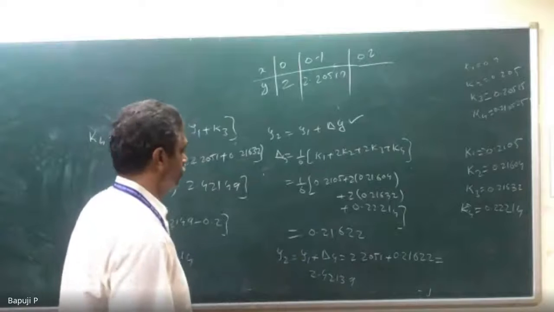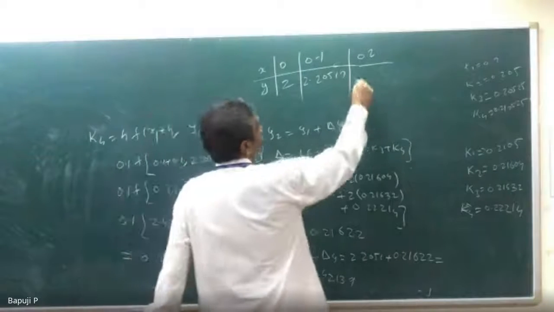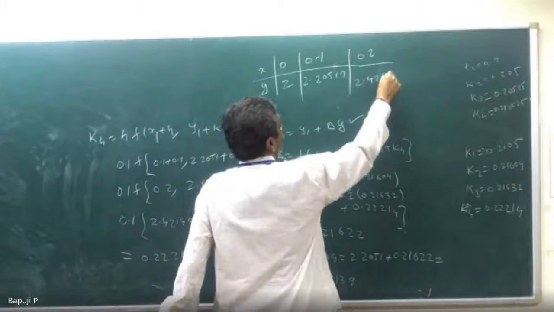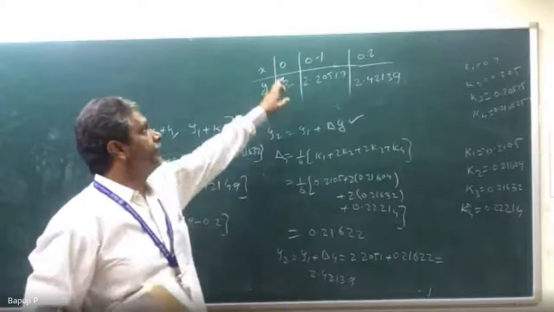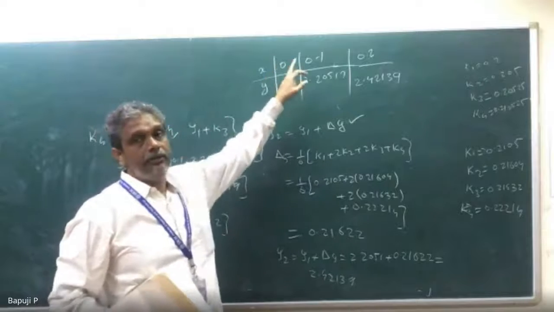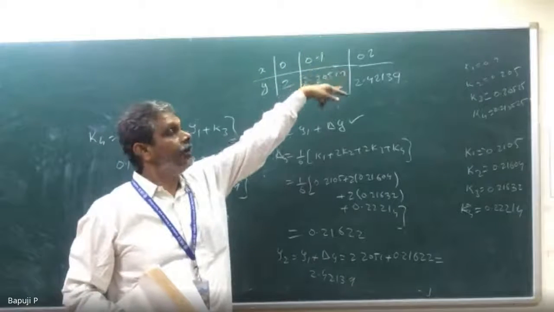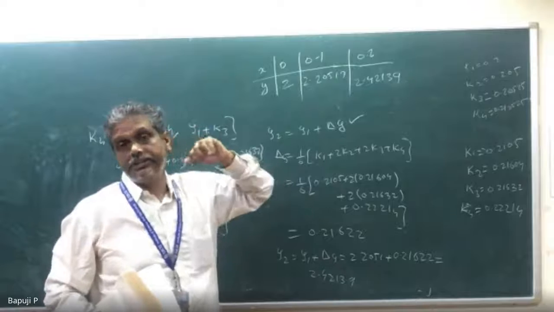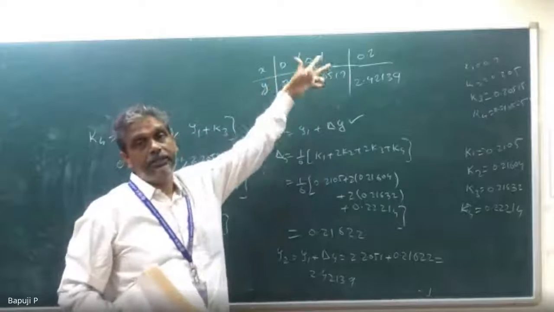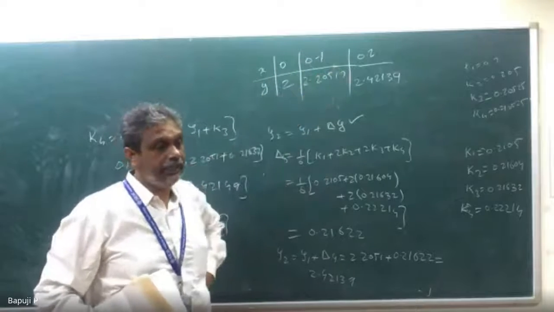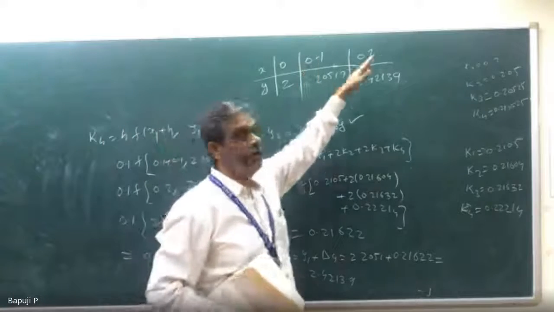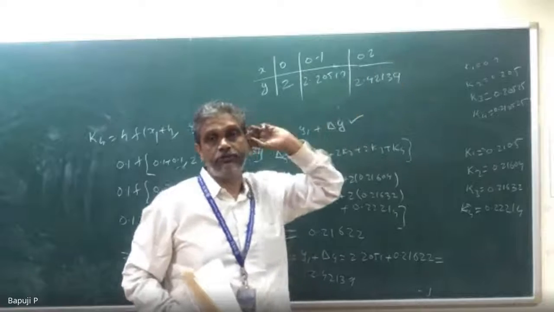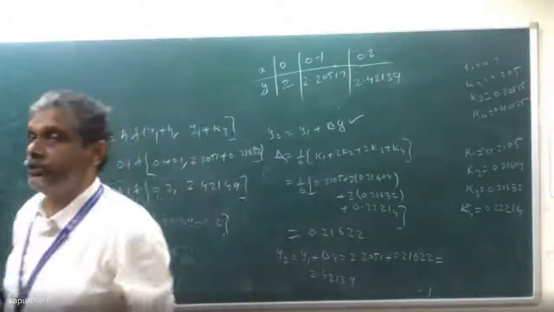So y2 value is equal to 2 point. See, they given x naught, y naught. They asked where is 0.2, but h is equal to 0.1 is asking. So I am finding x1, y1, then x2, y2. Getting or not? Suppose if they are not mentioned, h is equal to 0.2, y of 0.2 means directly I will go. I don't want to do that 2 steps.